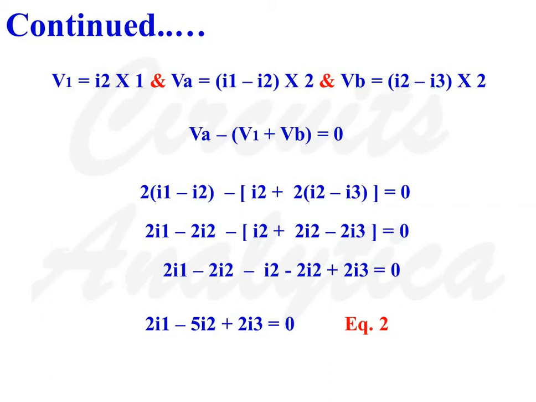V1 is equal to I2 and VB is equal to 2 into (I2 minus I3). Applying KVL in the second loop and rearranging the terms, we will get 2I1 minus 2I2 minus I2 minus 2I2 plus 2I3 is equal to 0. So rearranging the terms, we can write 2I1 minus 5I2 plus 2I3 is equal to 0, equation number 2.